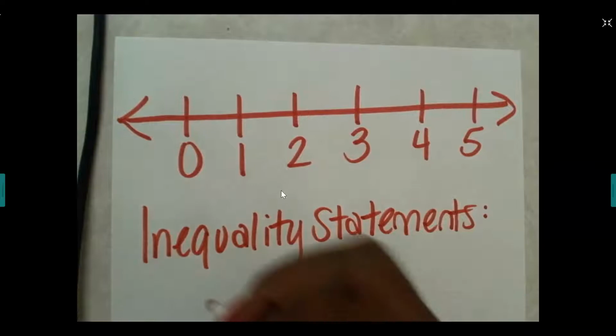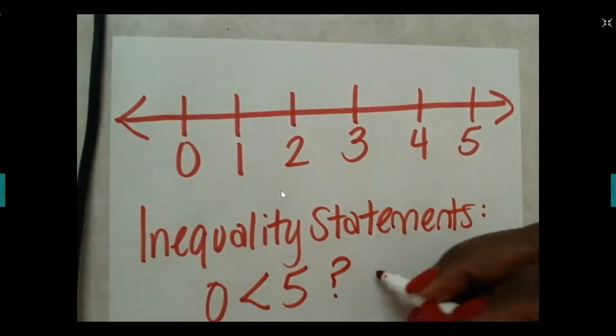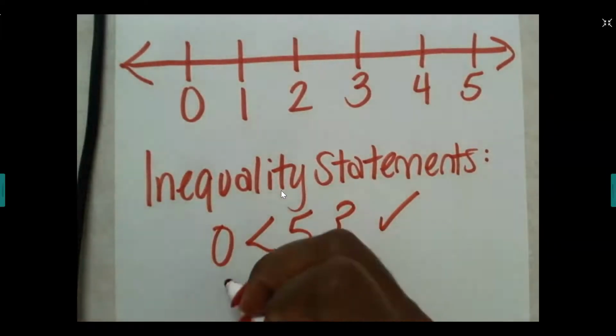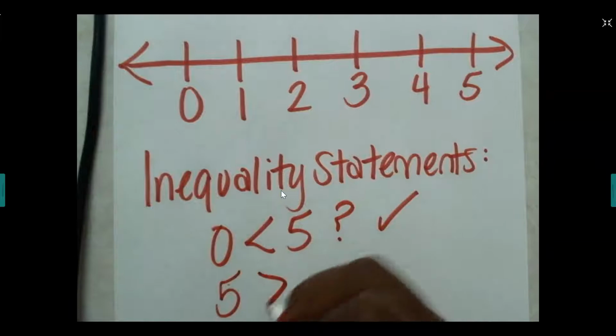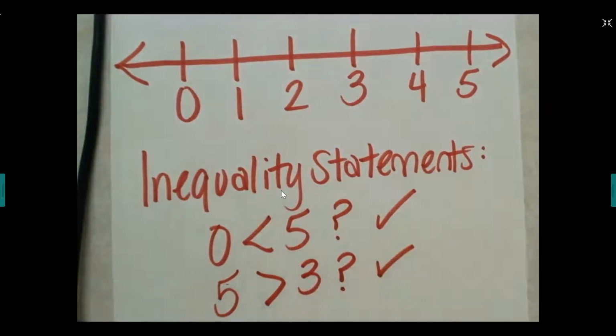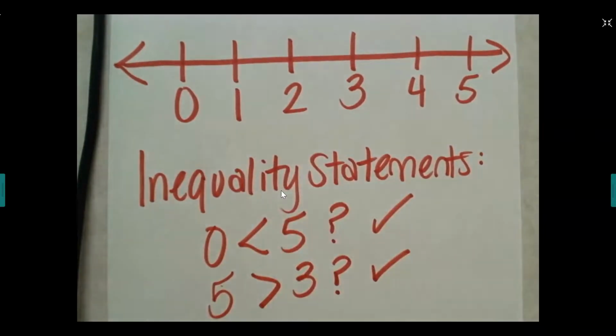Could I say that 0 is less than 5? Yes, that's true. Could I say that 5 is greater than 3? Yes, that's true. We're going to continue to use a number line today as we start to solve inequalities.